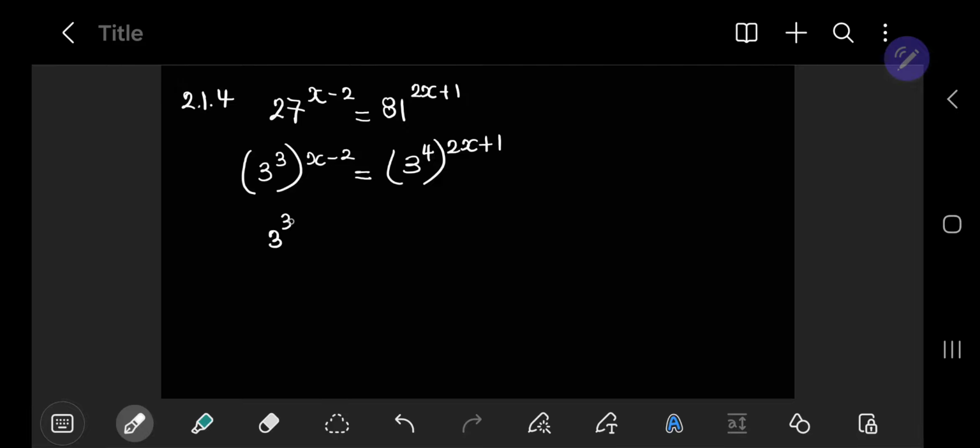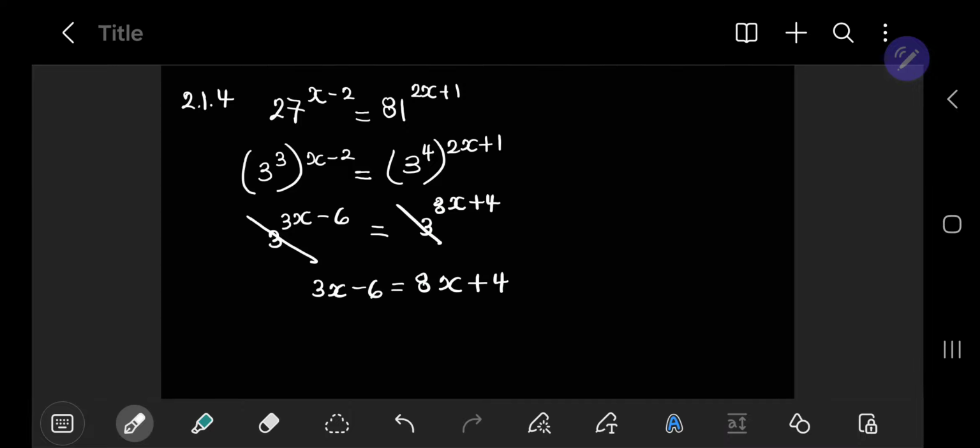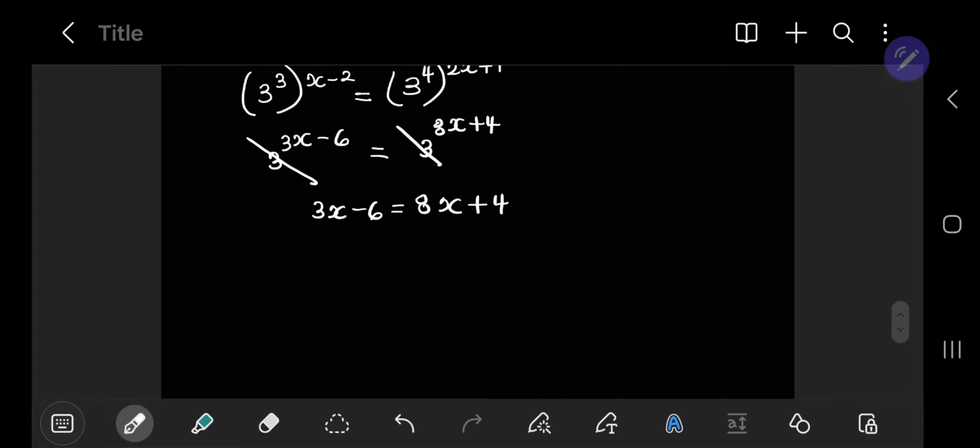We have 3 times x, which is 3x. 3 times negative 2 gives us negative 6. Applying the same thing on the right, 4 times 2x is going to give us 8x. 4 times positive 1 is positive 4. Now you guys know, now that the bases are the same, they cancel out with each other, and we equate the exponents. So we're just going to work towards solving for x.